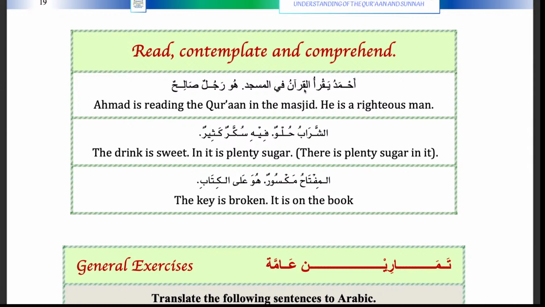Al-Qur'ana. It's supposed to be Al-Qur'ana. Yeah, the noon should have a fatha. Make sure you correct that, inshallah.